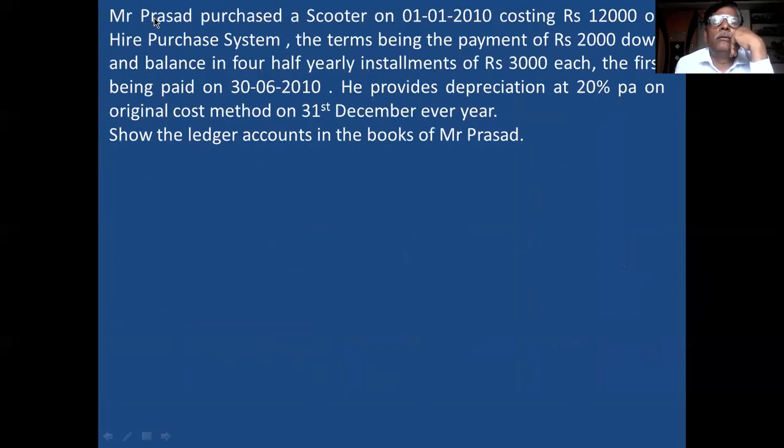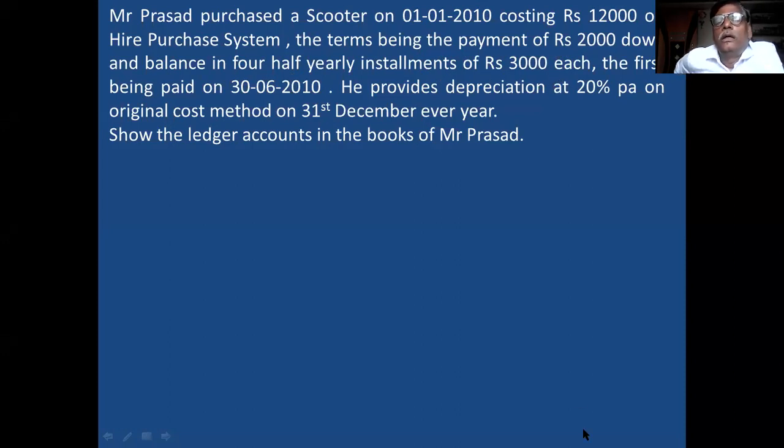Next you see this problem. Mr. Pasar purchased a scooter on 1/1/2010, costing rupees 12,000, on hire purchase system. The terms being the payment of rupees 2,000 down and balance in 4 half-year installments of 3,000.